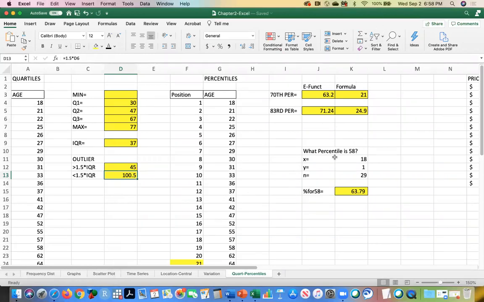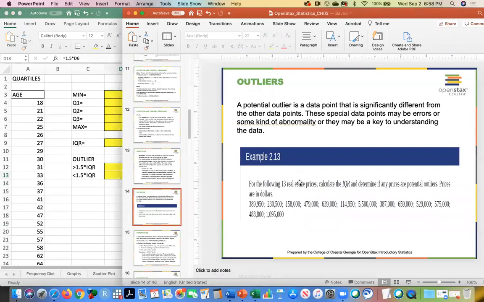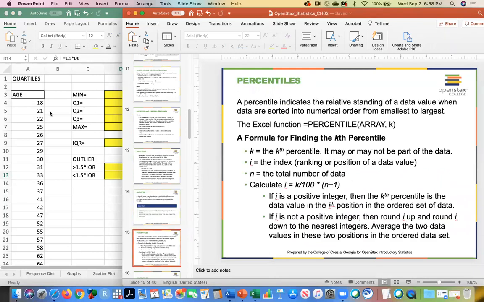Also, something that I want to mention is that we can find the percentiles. In this case, we divided the data into four different groups of 25% each. We can divide the data even more and find percentiles.